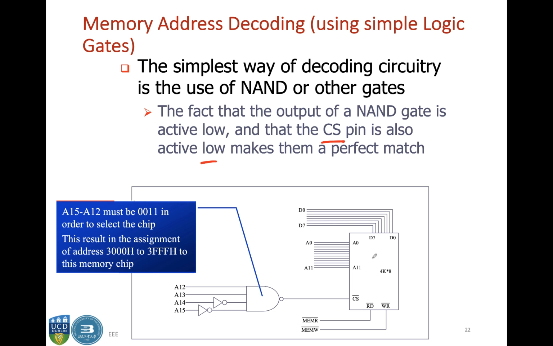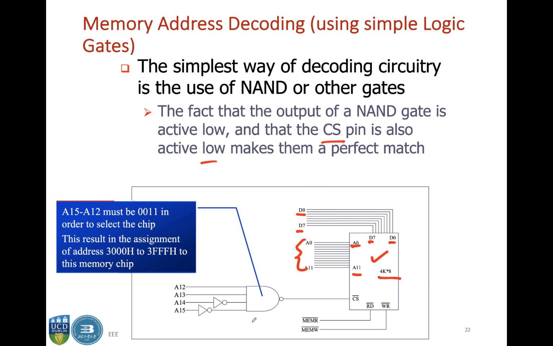So let's say this is your external memory, a 4K times 8 memory. The data lines of the microcontroller, D0 to D7, go directly to D7 to D0 of the memory chip. A0 to A11, the lower bits of the address bus, go directly to the A0 to A11 pins of the memory chip.